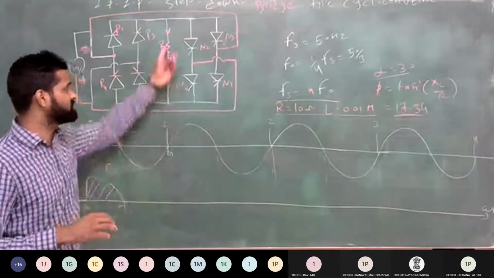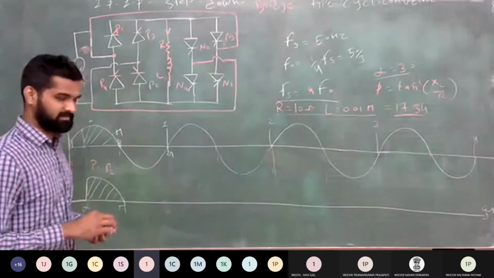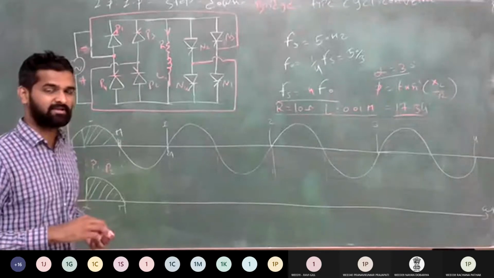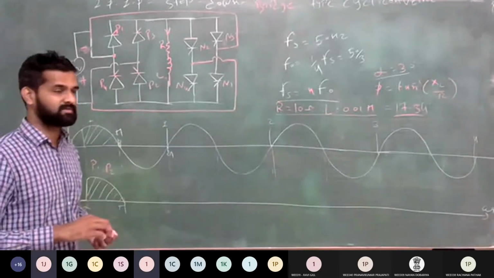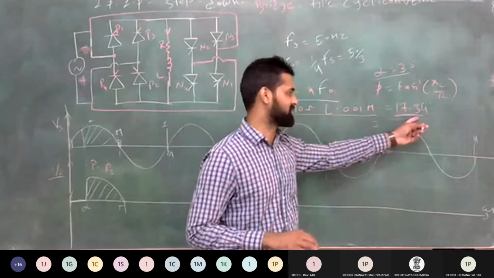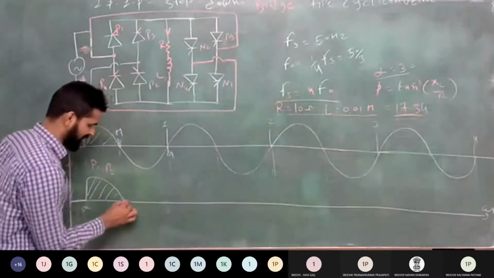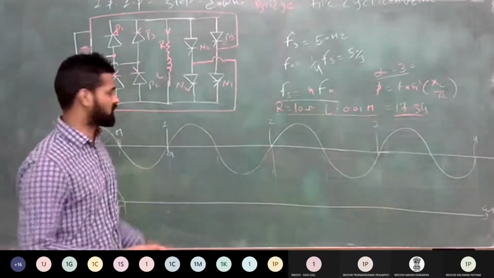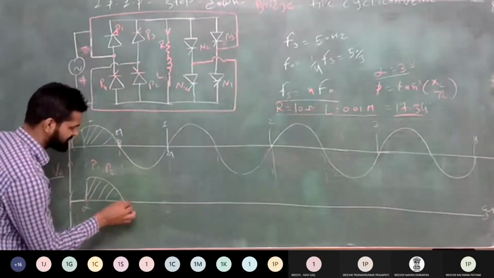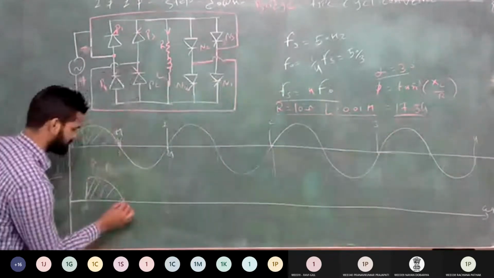For inductive nature of load, it will conduct until the inductor discharges. And when it is discharged, at which angle? Pi plus phi. Phi is the power factor angle, 17.34 degree. So at 17.34 degree after this zero crossing pi, the load current becomes zero, because all the energy stored by the inductor during this waveform is discharged after 17.34 degree from here.